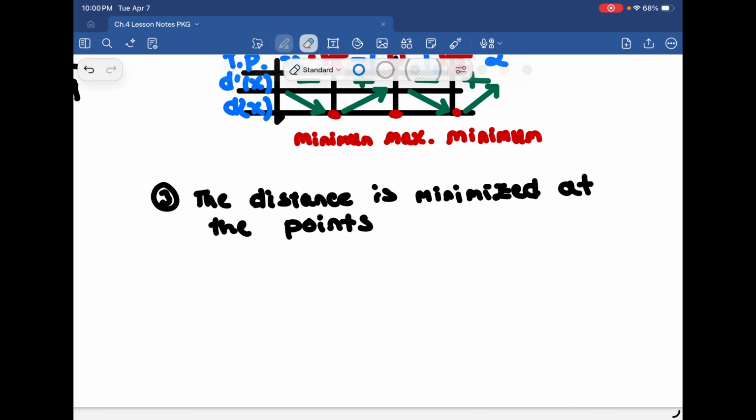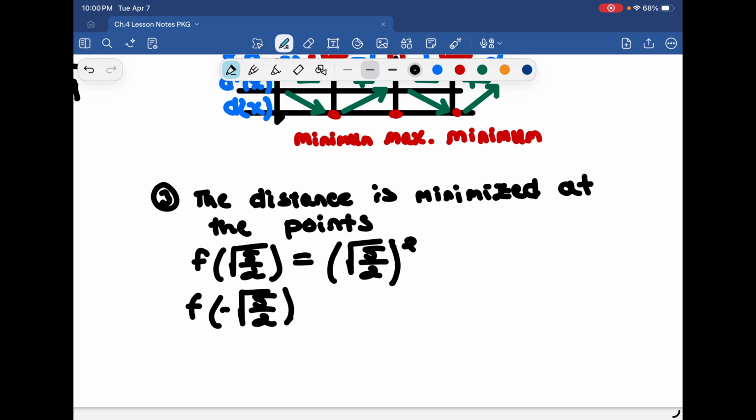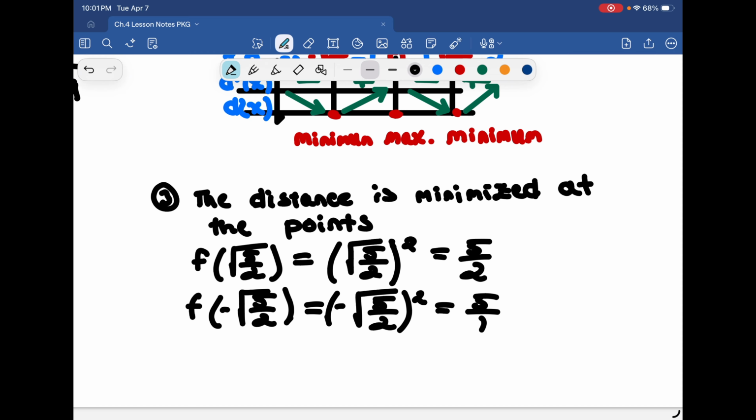So at the points, we're going to do f of the square root of 5 over 2, and we're going to do f of the negative square root of 5 over 2. Well, because both of these are going into x squared, it's going to be root 5 over 2 all squared, which is equal to 5 over 2. And then the other point is going to be at negative the square root of 5 over 2 all squared, which is also equal to 5 over 2.